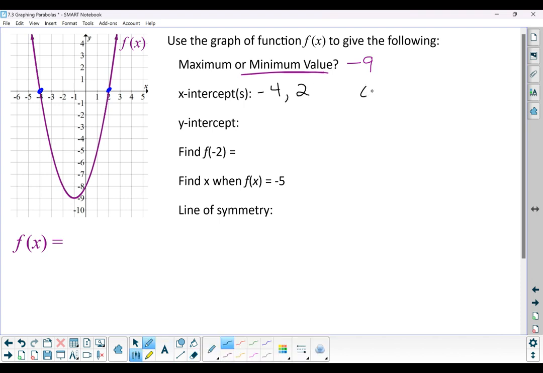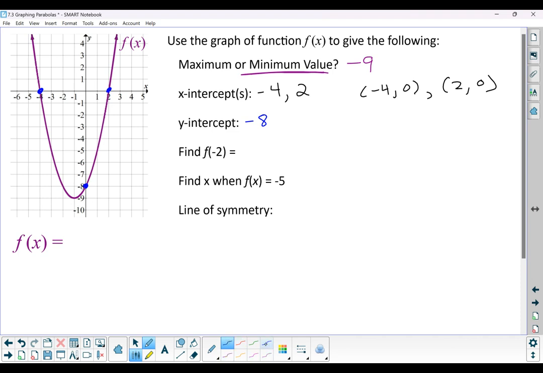The other option would be to list the entire points. But if it has asked you for an x-intercept, I am fine if you just list the x values of the x-intercept. The y-intercept, make sure when you're looking for the y-intercept that you aren't looking for the vertex necessarily. I mean, it could be the vertex, but it's not necessarily the vertex. So the x-intercept is right here. I'm sorry, the y-intercept is right here at -8.